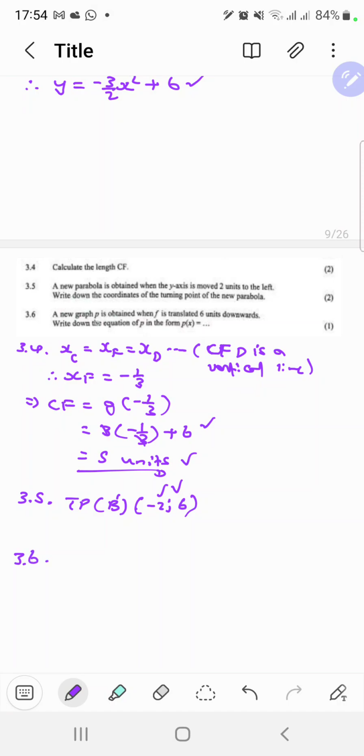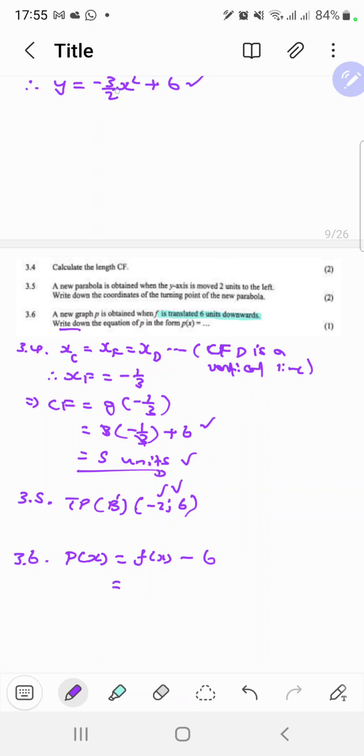Now 3.6, they say a new graph of P is obtained when f is translated. Do you see here? f is translated 6 units downward. Okay, again, what is the line of questioning here? Write down. Okay, so now we know that our P of x is going to be equal to f of x minus 6, right? Because we are translating this one down, meaning it's a downward shift.